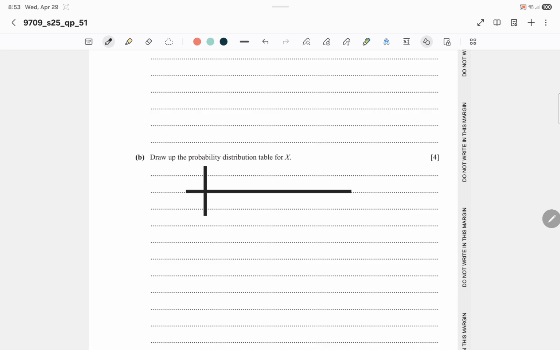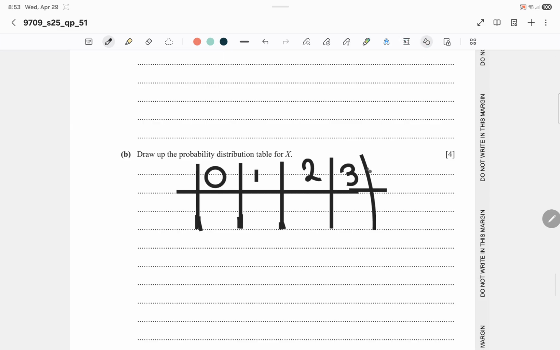You can either not get any blue marbles, so 0, or you can get 1 blue marble, or 2 blue marbles, or 3 blue marbles, or you can get 4 blue marbles.